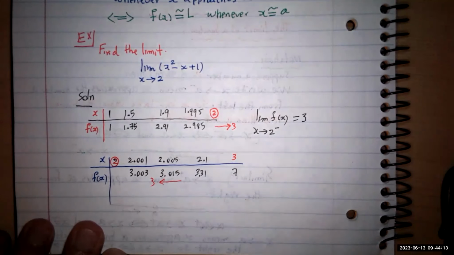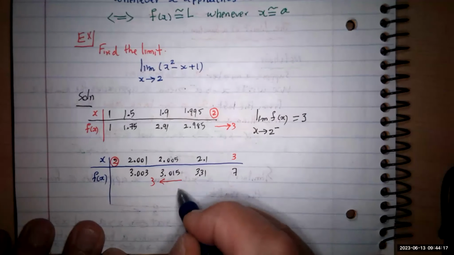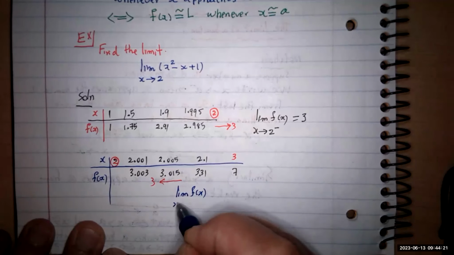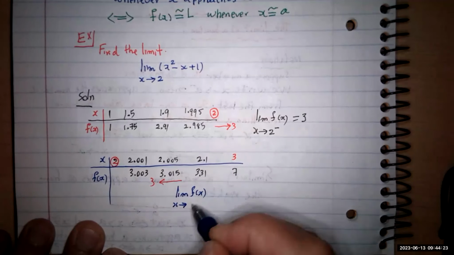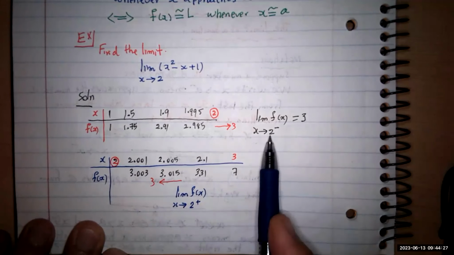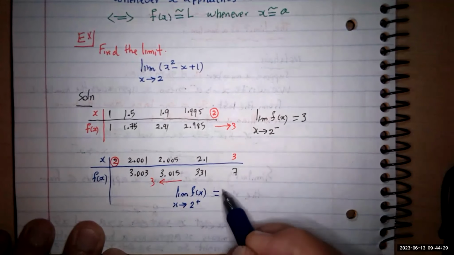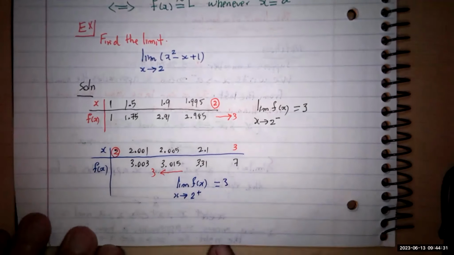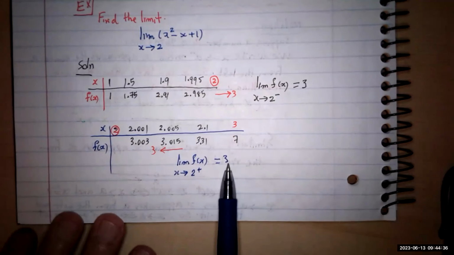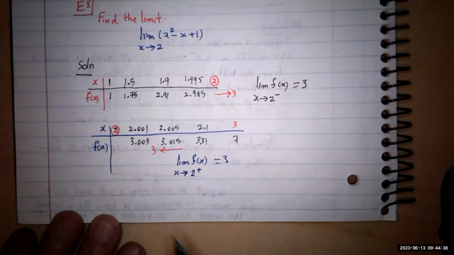So this means the limit of the function from the right, the limit of f of x when x goes to 2 positive, in this direction, happens to be equal to 3 again. So since from the 2 directions, right and left, you get the 3, this means that the limit is 3.